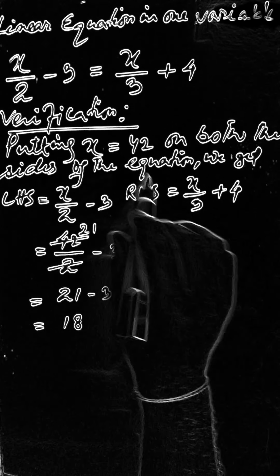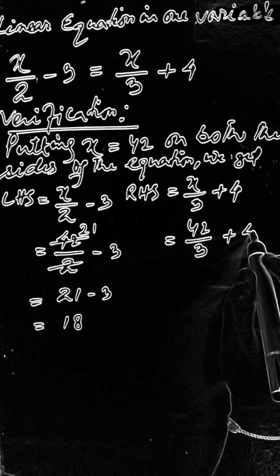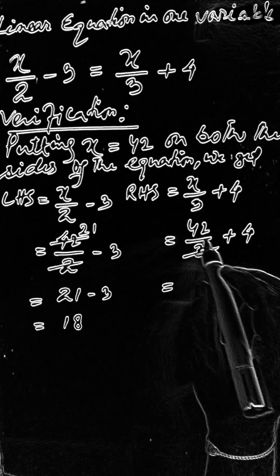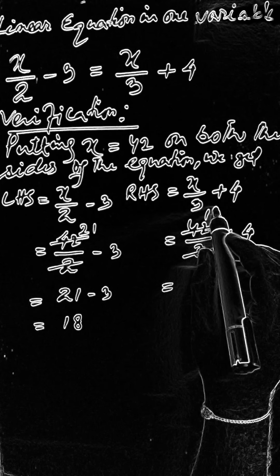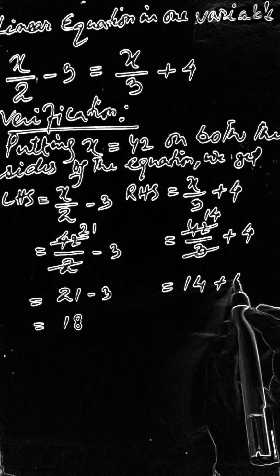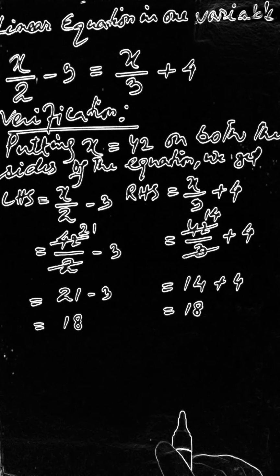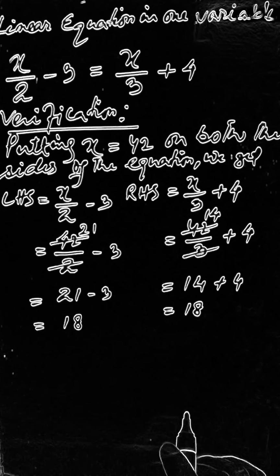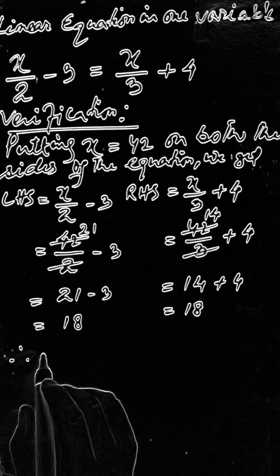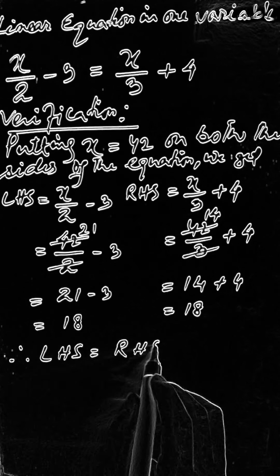Here x means we'll put here 42 by 3 plus 4. So 3 ones are 3, 3 fours are 12. So now 14 plus 4, we get here 18. Now we get the value of left hand side is 18, and even for the right hand side is 18. That means left hand side equal to right hand side.